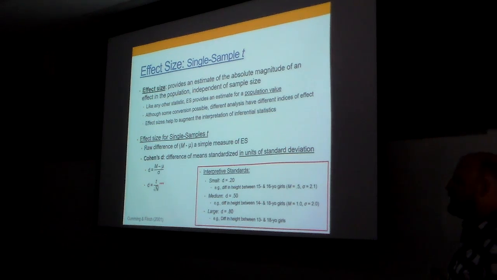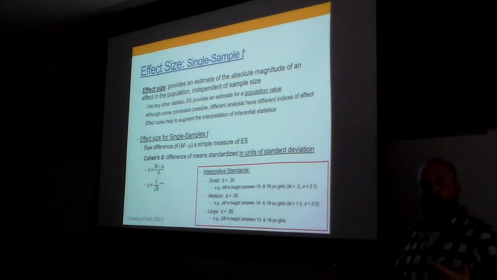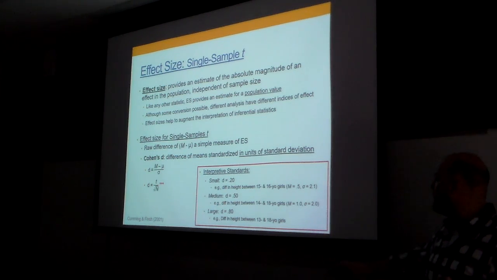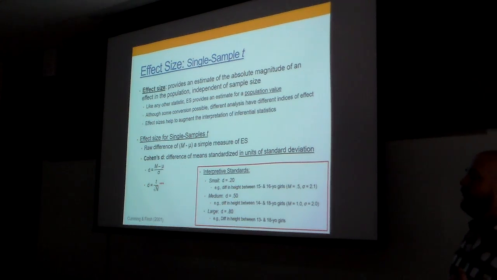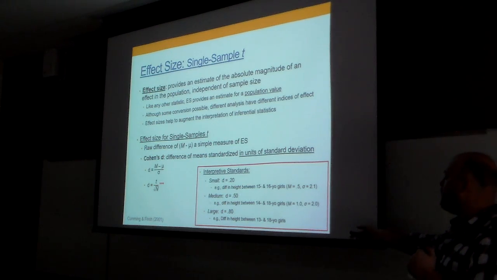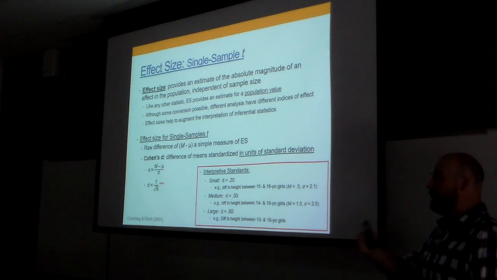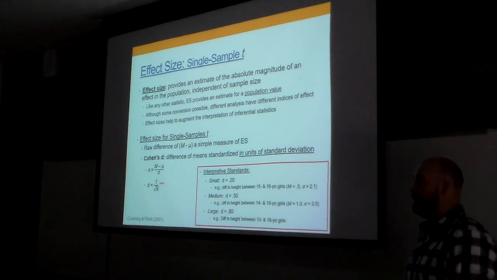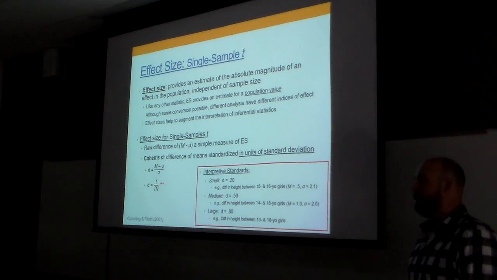A medium effect is something that's noticeable just by general looking. We can see, yeah, there's probably a difference. That corresponds to an effect size of D equals 0.5. Evelina, how would I interpret an effect size of 0.5? If I was giving a literal interpretation, what would I say? That there is a moderate difference.